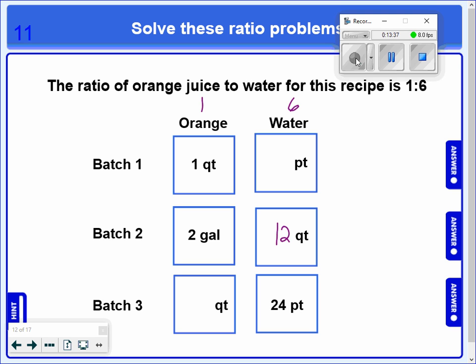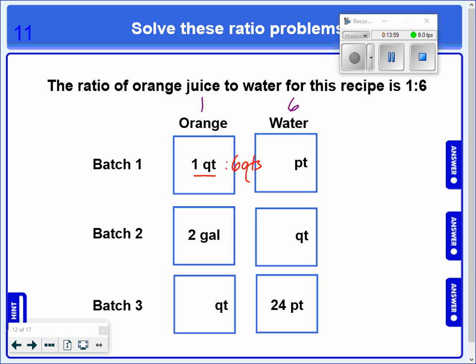Okay, so if you didn't pause the video, or even if you did and you found yourself kind of struggling here, there's not a mistake, but something that we didn't point out: if it's a 1 to 6 ratio, that means if I put 1 quart of orange juice, then I would need to put 6 quarts of water.